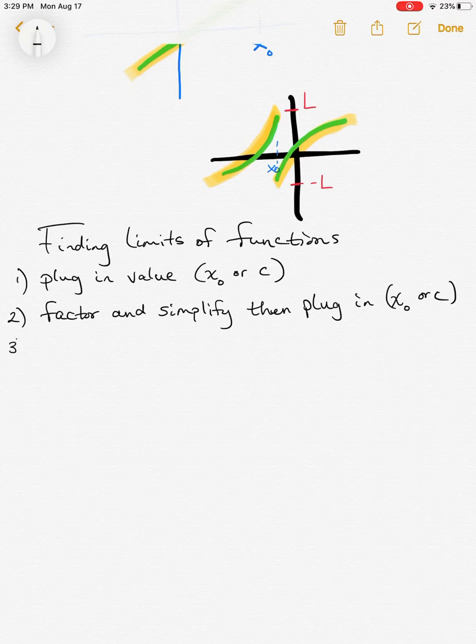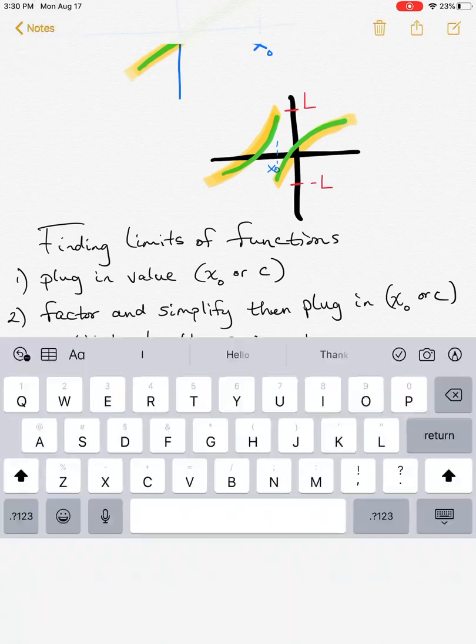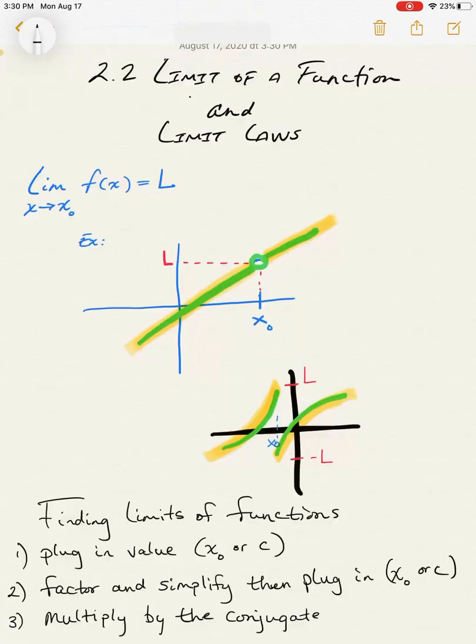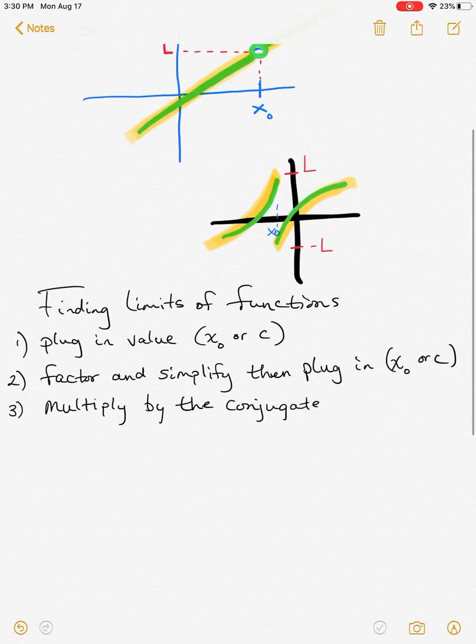If neither of those work and you have radicals inside of your function, multiply by the conjugate expression in the numerator and denominator.